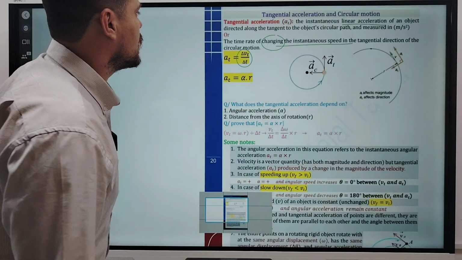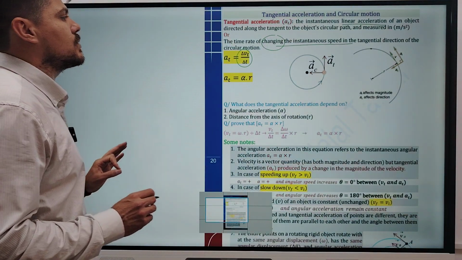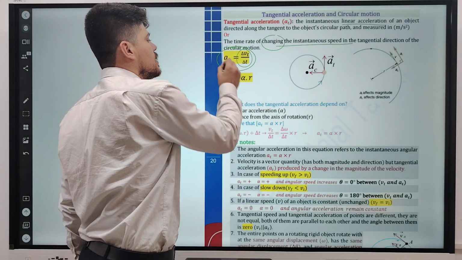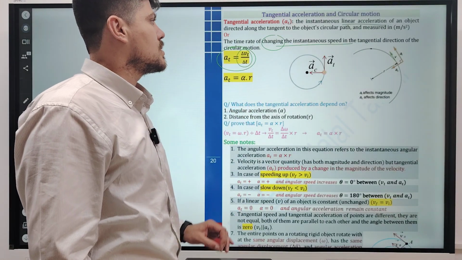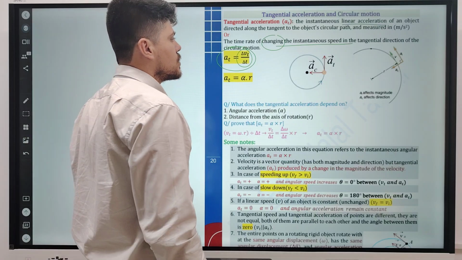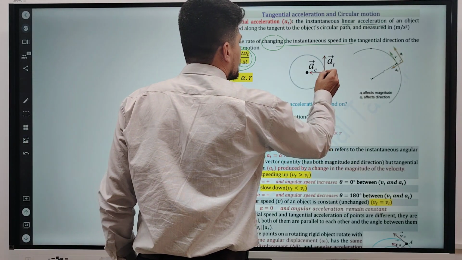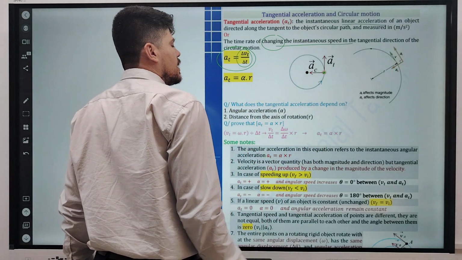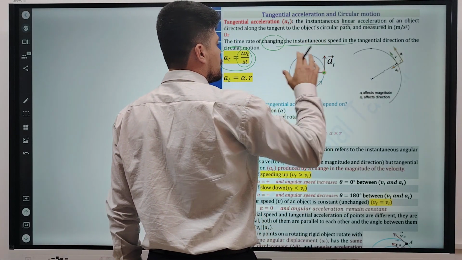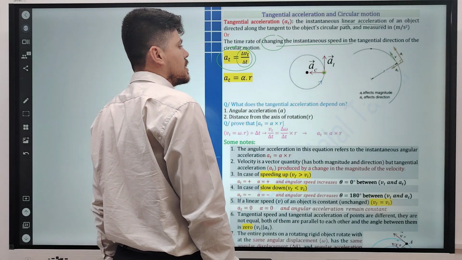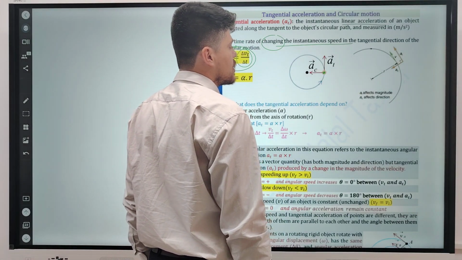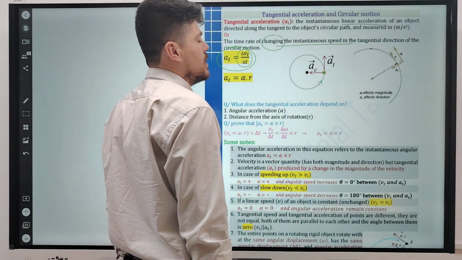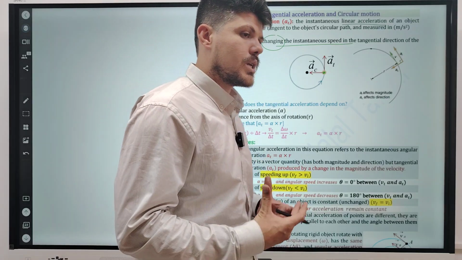As you can see in this figure, to calculate tangential acceleration, you have to use this equation: the time rate of changing the instantaneous tangential speed. Okay, so when the object is moving in a circular path and its speed is not constant, it has a tangential acceleration and a centripetal acceleration. Where is the direction of the tangential acceleration?